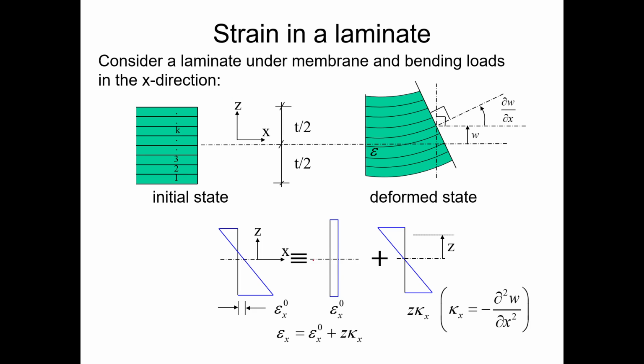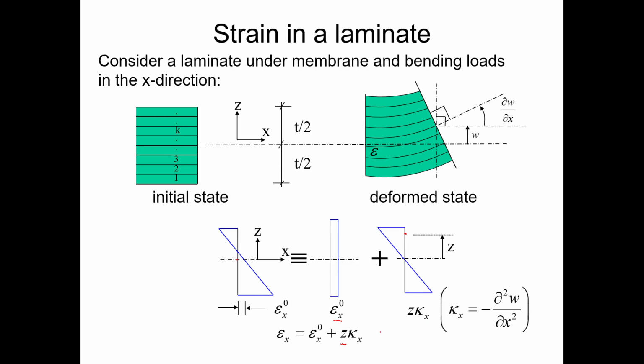And you can think about the strain of the materials at any point is equal to firstly the strain at the neutral plane, epsilon x0, plus the strain caused by the bending. So one of them is z. Z is the distance between your arbitrary point to this neutral plane.